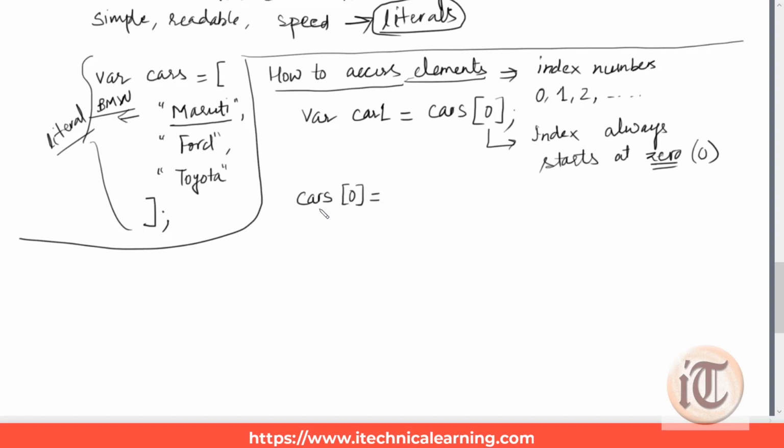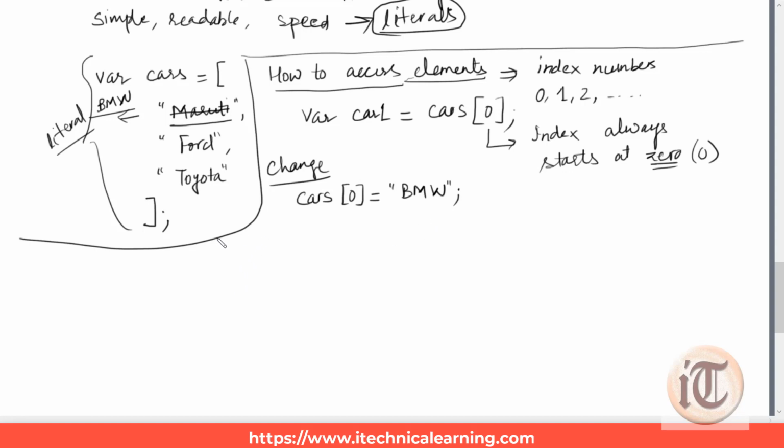So cars[0] denotes Maruti, and I want to update it with the new value, say BMW. Okay, so this value will be overwritten by the new value, that is BMW. So this is how we can access the array elements, and we can also change the values of the array.